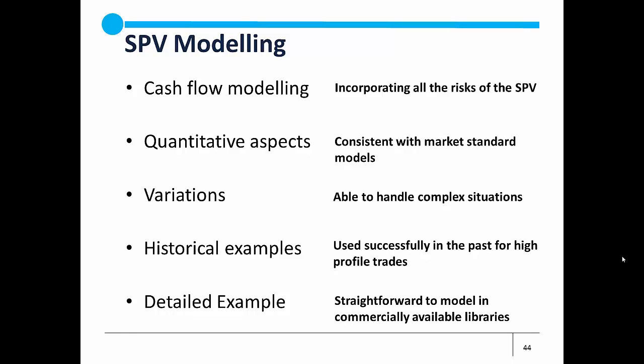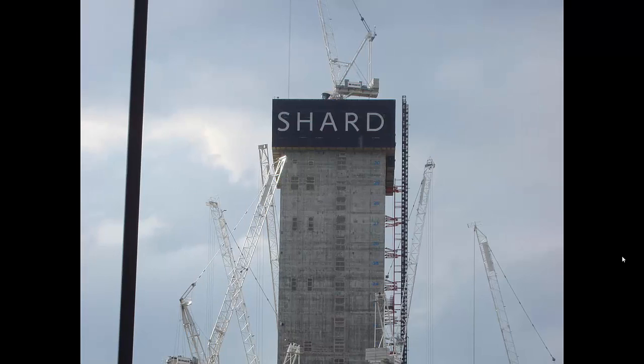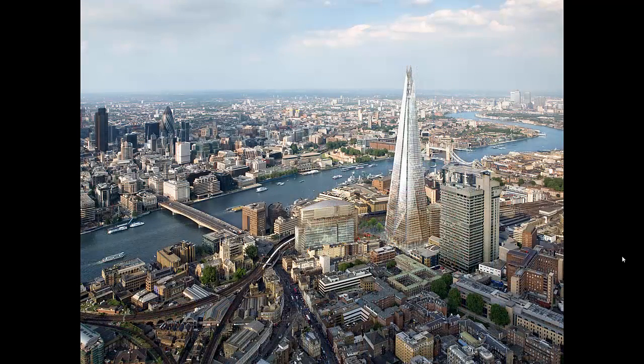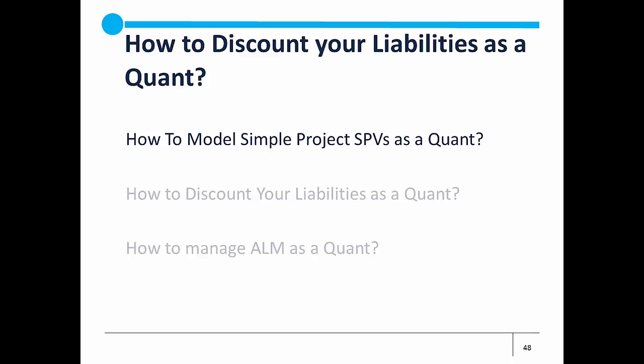Now, the SPV model shows us how we can start from nothing and then end up building something fairly impressive. So, what's our conclusion? How do we model simple project SPVs as a quant? Well, we model them as assets minus liabilities plus the option to default.